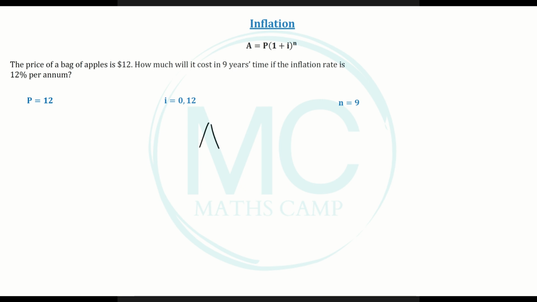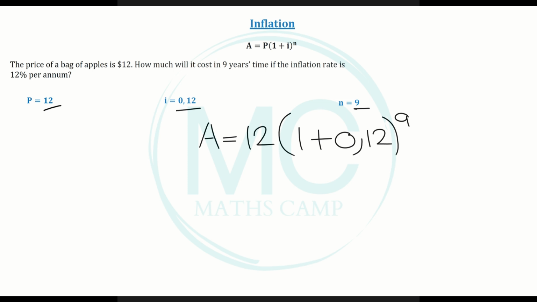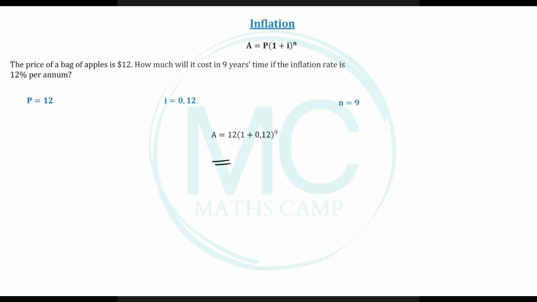Now that we have these values, let's put them into the formula. So we say A is equal to P, which is 12, open our bracket, 1 plus the value of I, 0.12, close the bracket, to the power of N, which is 9. Now we have 12 outside of our bracket.